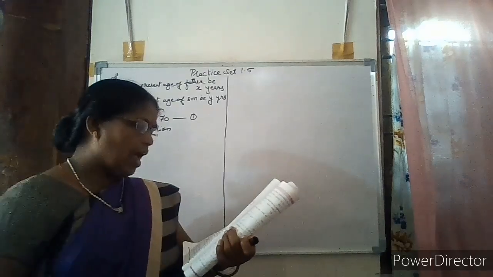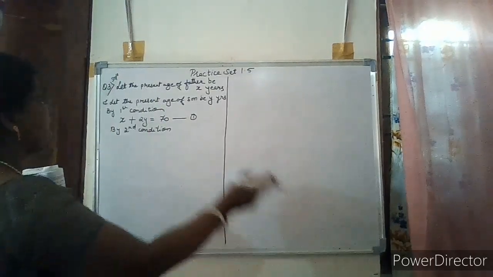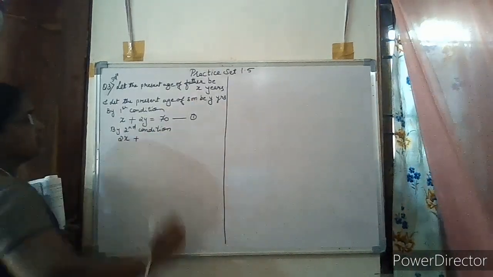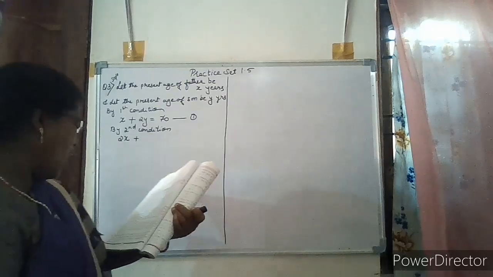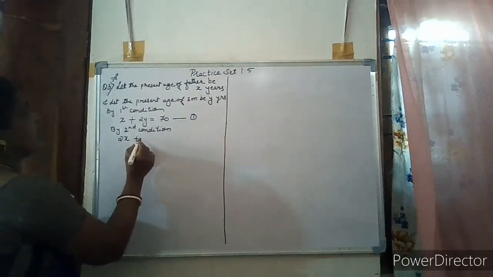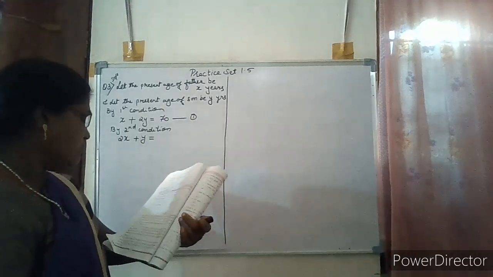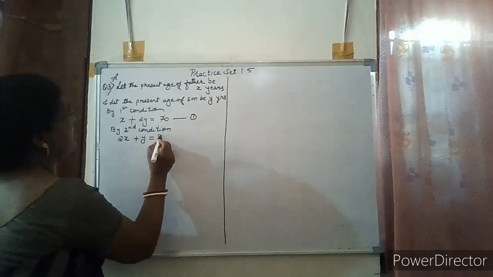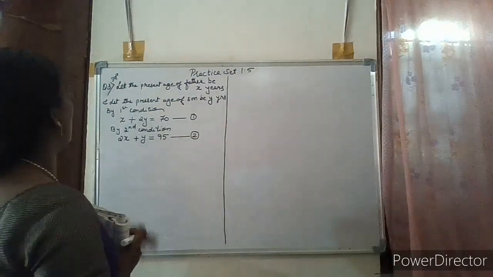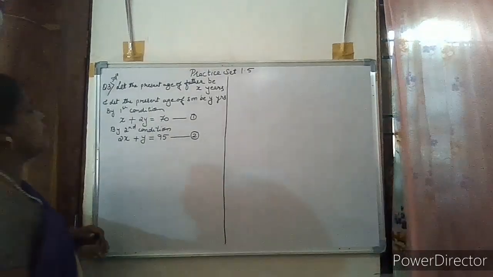By the second condition, it is given that if we double the age of the father, means 2x, and add it to the age of the son, now the age of the son is only Y years, present age, this is equal to 95. This becomes equation 2. Now we have got two equations, 1 and 2.